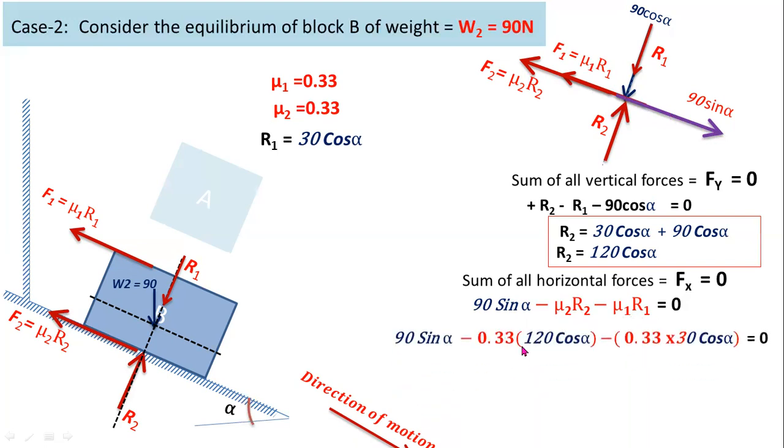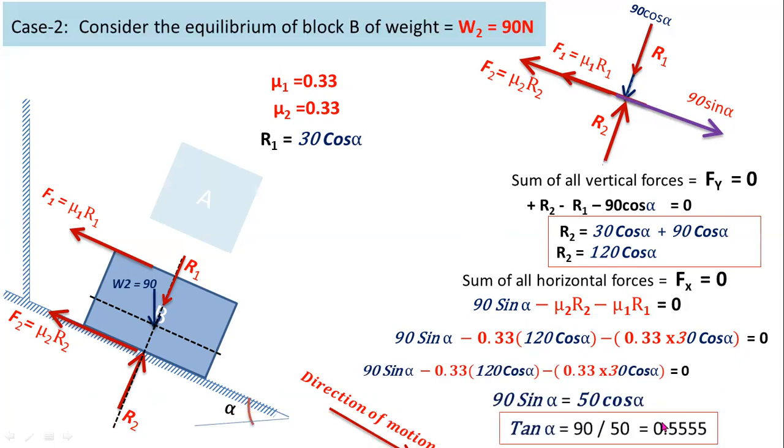So 90 sin alpha minus 0.33 into 120 cos alpha minus 0.33 into 30 cos alpha equal to 0. This is the value of R2, this is the value of R1, and these are the coefficients of friction. From this equation, tan alpha equal to 0.555.